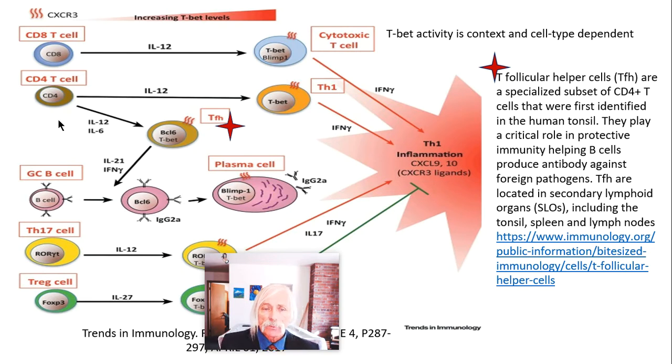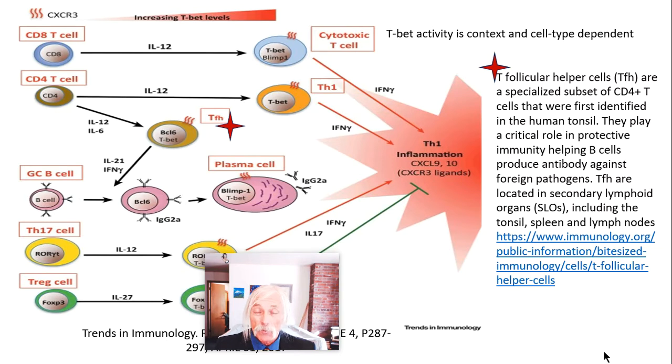Okay. So CD4 cells in the presence of interleukin 12 and 6 are going to give you this new transcription factor here. And along with T-bet at a lower concentration, you're supposed to see a smaller amount. And that's going to give you these T follicular cells. The T follicular helper cells, shown right here, are a specialized subset of CD4 T lymphocytes that were first identified in the human tonsil, which, years ago when people used to get a lot of sore throats, they'd get tonsillectomies.